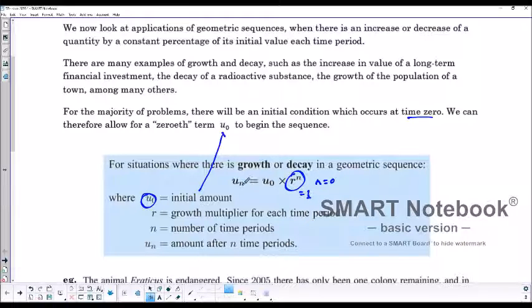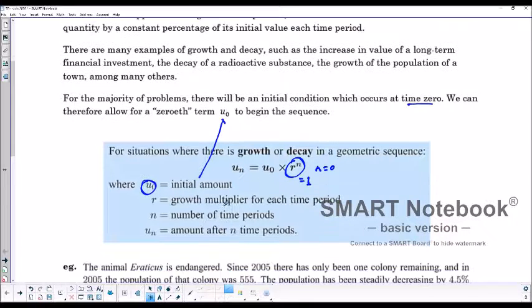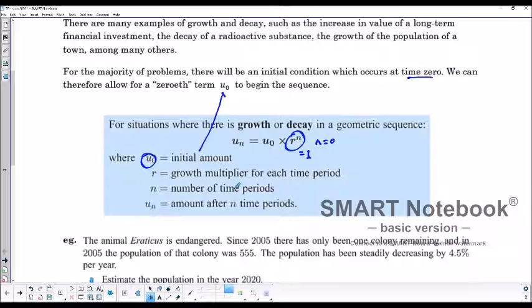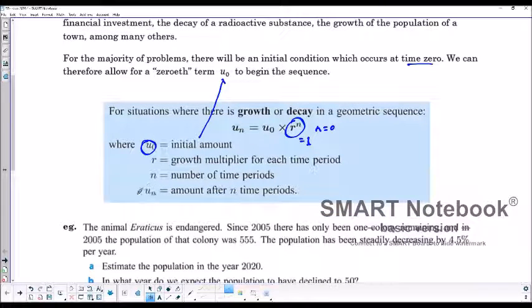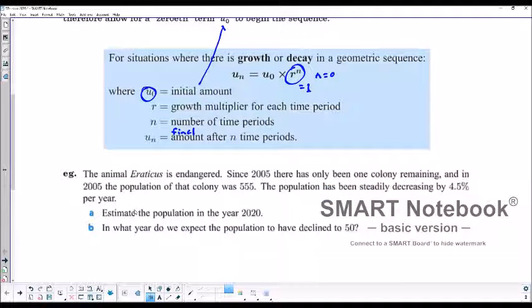So u sub 0 is therefore the initial value. r is the growth multiplier for each time period, n is the number of time periods, and u sub n is the final amount after n time periods.